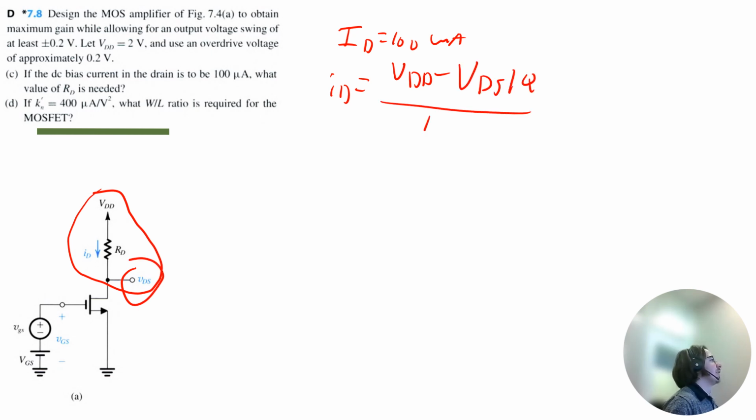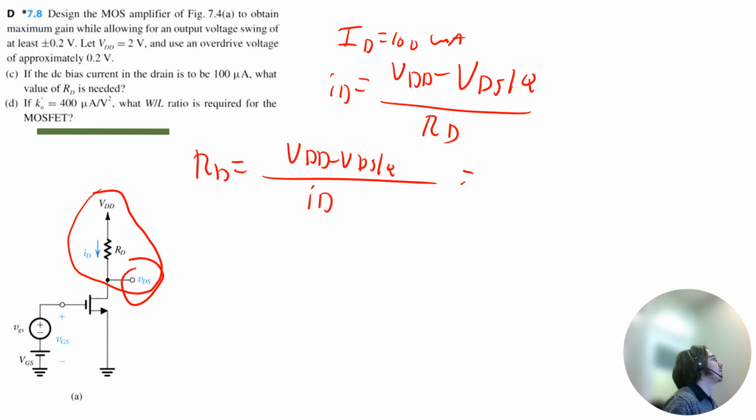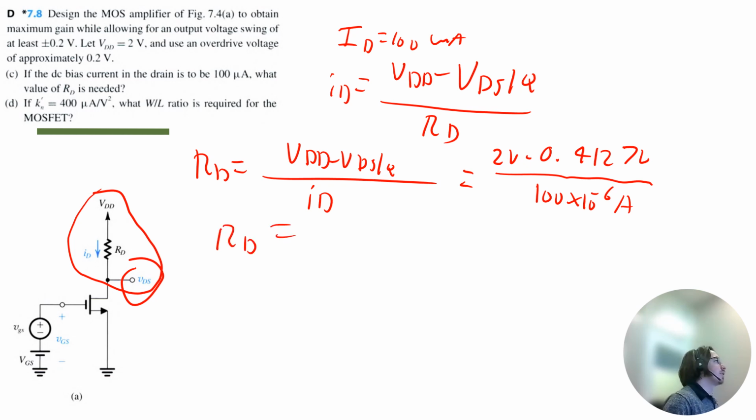And that would be divided by RD. So now we're just solving for RD equals VDD minus VDS at Q divided by ID. So that's equal to 2 volts minus 0.4127 volts, divided by 100 microamps, which is 100 times 10 to the negative 6 amps. And so I get that RD is equal to 15.87 kiloohms.